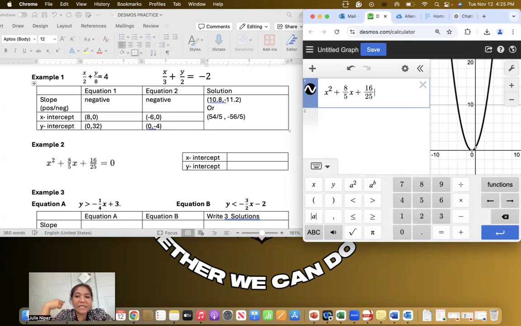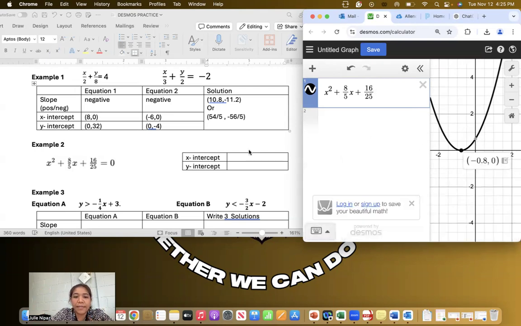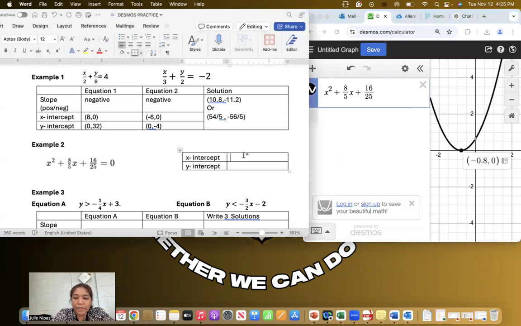So you will clearly see where the x-intercept and the y-intercept are just by removing that equals 0 sign. So here, the x-intercept is anything on the x-axis, right? So on your x-axis, the point is at negative 0.8, comma 0.